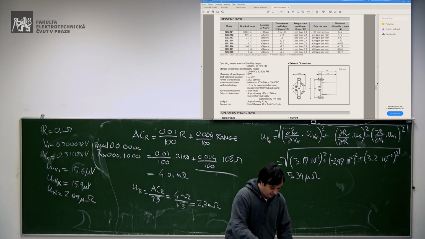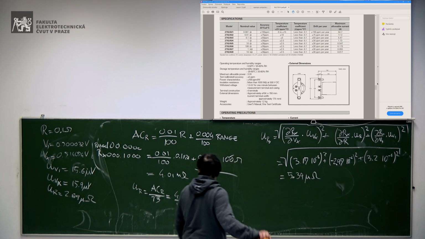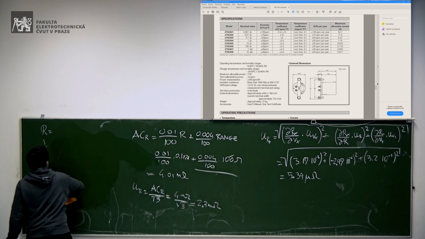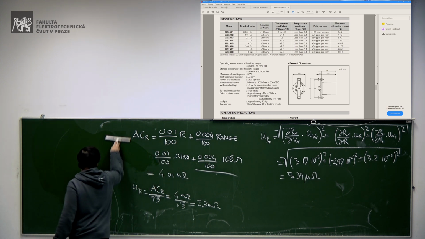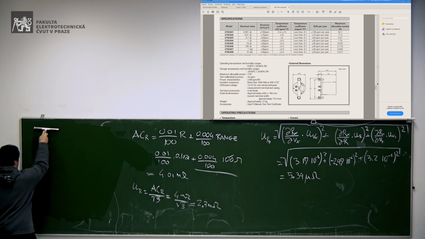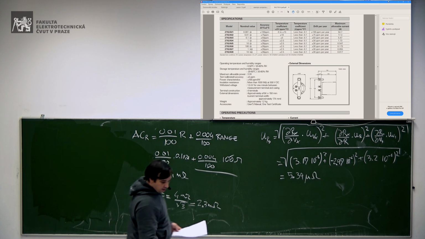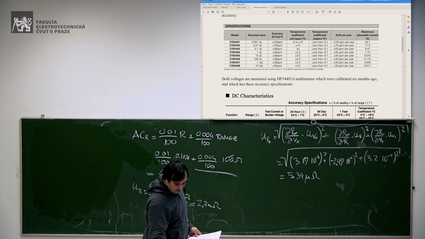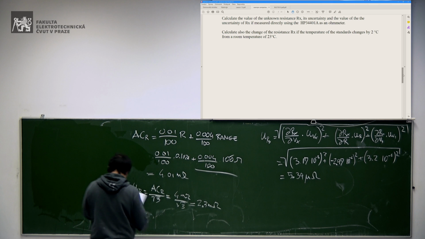And for 5 ppm per degree, let me erase here. So for instance, a change of, let's say, 2 degrees.